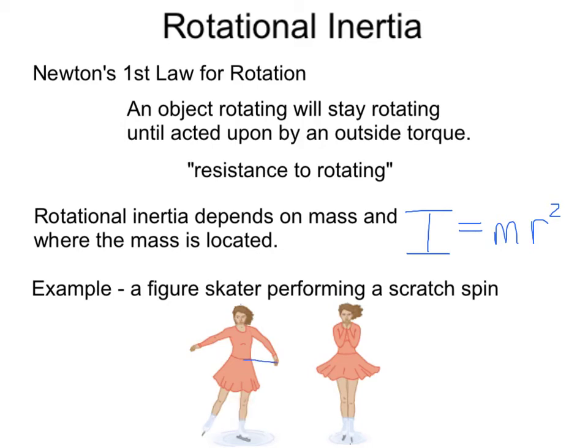With this larger radius of rotation, we would say she has a large rotational inertia, meaning it is more difficult for her to rotate, and she would rotate more slowly in this position. When she brings her arms in, she reduces her radius of rotation. It's much smaller, and thus she reduces her rotational inertia. This makes it easier for her to rotate, and she will rotate faster.